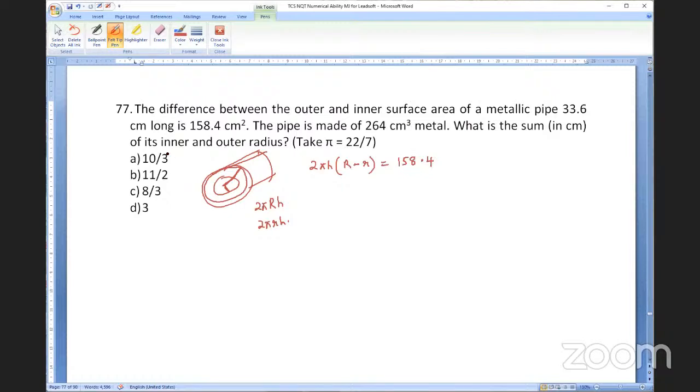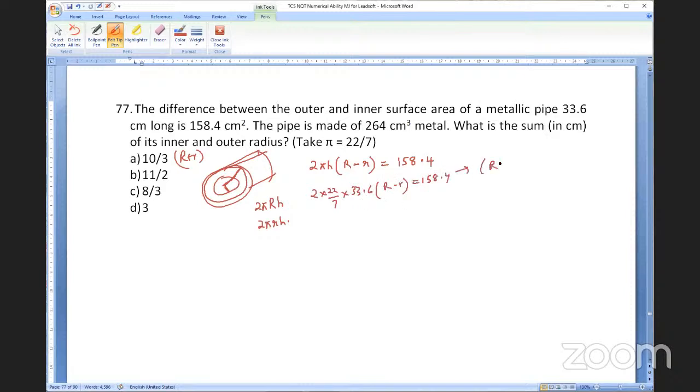Now, what is the sum of inner and outer radius? R plus r is the value they are asking for. What else is given? The metallic pipe is 33.6 centimeter long. H value is given. 2 into 22 by 7 into 33.6 into (R minus r) is 158.4.